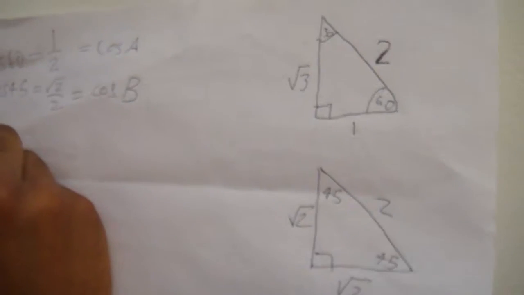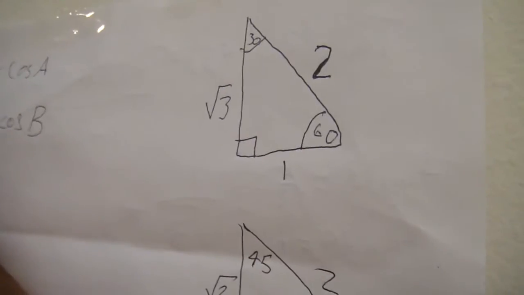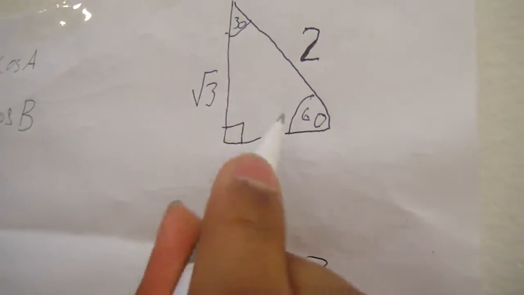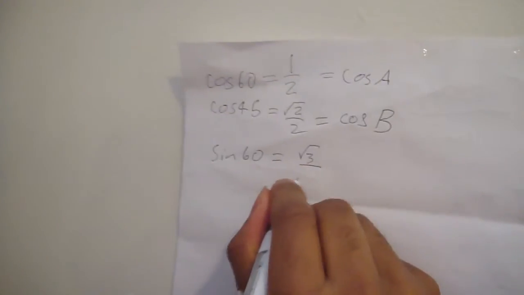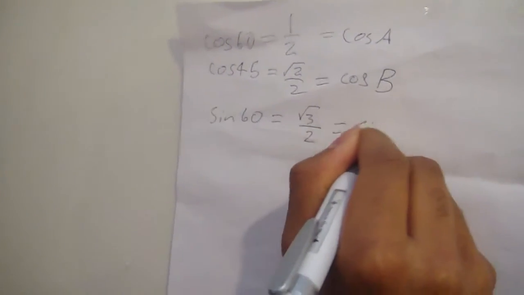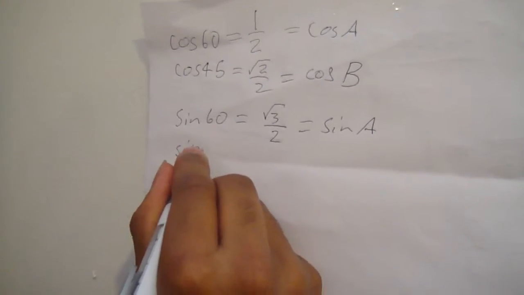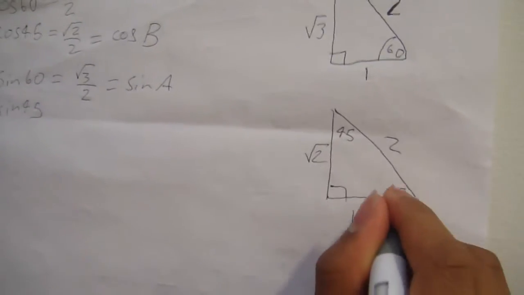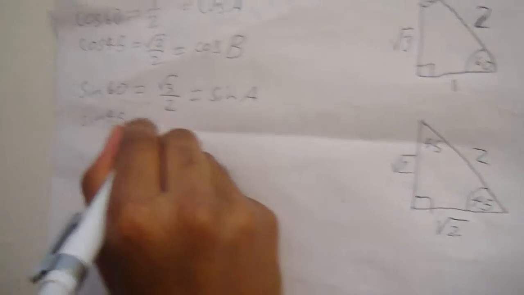Sine of A is sine of 60, which is equal to opposite over hypotenuse, so it's rad 3 over 2. And sine of B is sine of 45, which is opposite over hypotenuse again, so opposite rad 2 over hypotenuse 2.